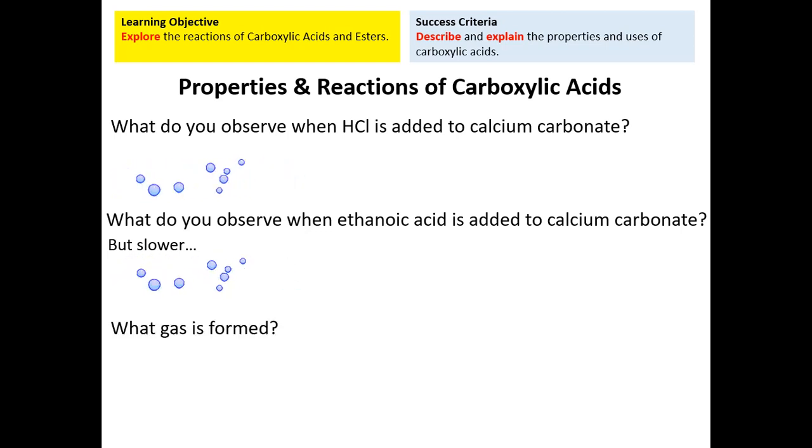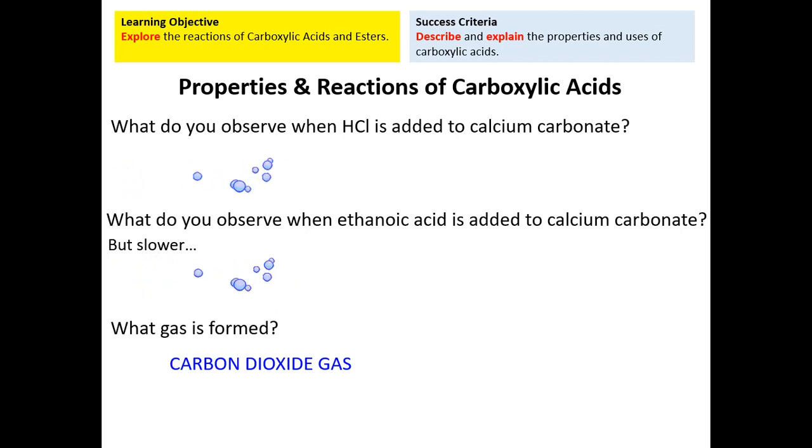Now this gas, anytime you add an acid to a carbonate, you always get carbon dioxide. So that's just good to know for quite a lot of different topics, especially rates of reaction, but for this one as well, you will look at that reaction quite a lot.